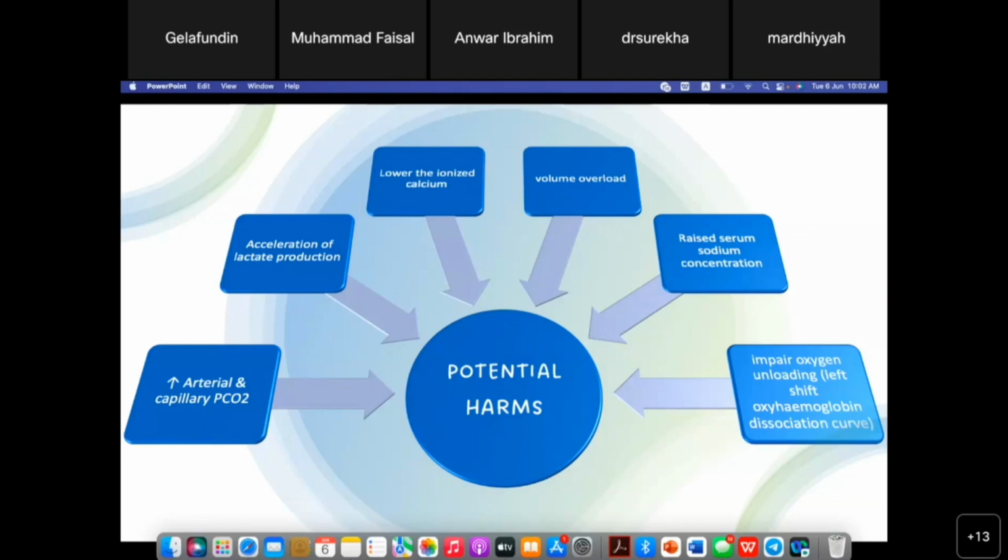So eventually the PCO2 will rise. Another potential harm is that it can accelerate lactate production. With acidemia, eventually it inhibits glycolysis, so acidemia puts a brake on lactate production. When you reverse this process, you accelerate lactate production.